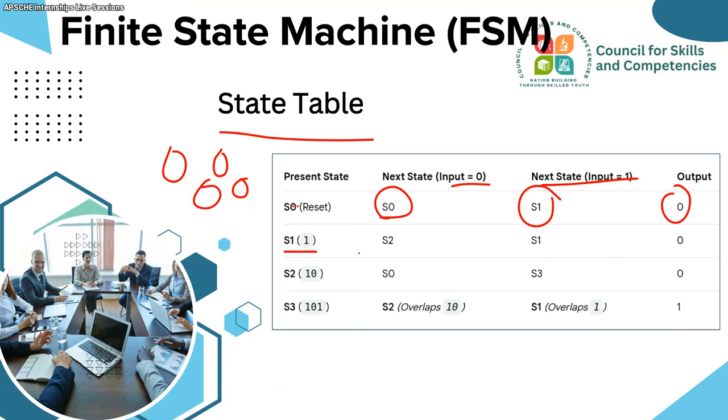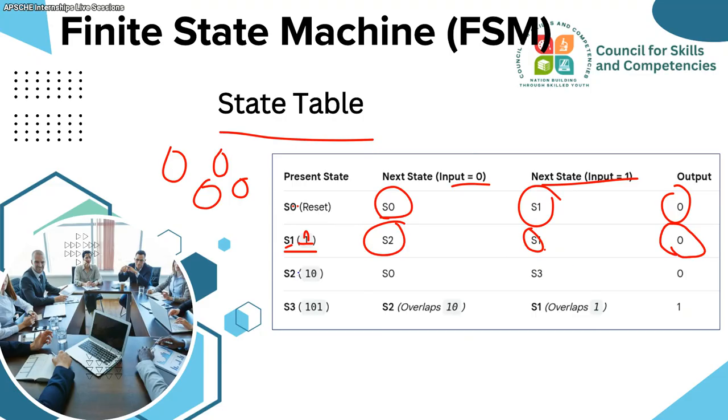Whatever we captured in the diagram, we are putting in a table. S1 means we already received 1, and if there is 0, it moves to the next state, and if the input is 1, it remains in the same state, and we maintain the output as 0.